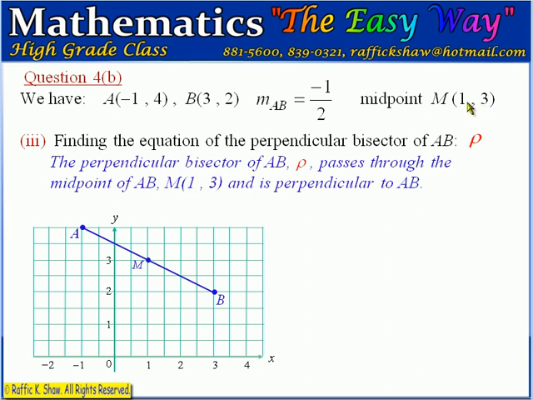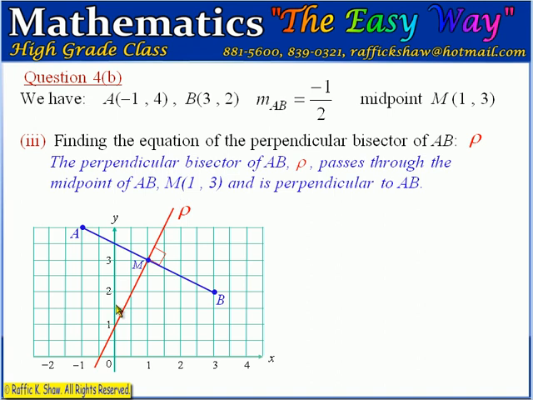And we calculated the point M to be 1,3. That's the midpoint of AB. And then the perpendicular bisector will be perpendicular to AB, passing down here, and will pass through M. So we can show that that line is our perpendicular bisector. That's P, our perpendicular bisector of the line AB.